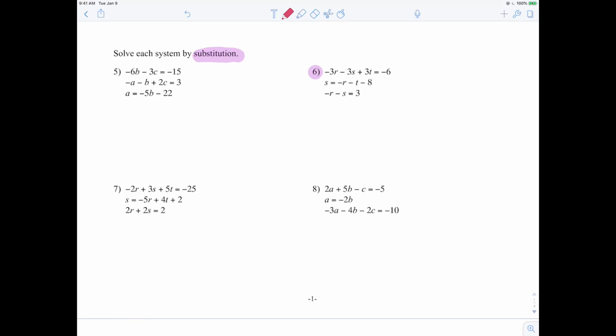And so if I can get them positive by multiplying by negative 1, which gives me r plus s equals negative 3, all the signs flip, then I can get a variable all by itself. And so let's say r equals negative s minus 3. And so I thought that that would be really easy to substitute.